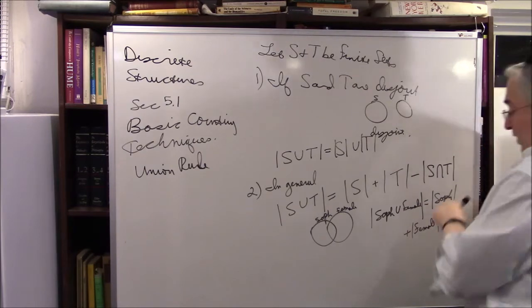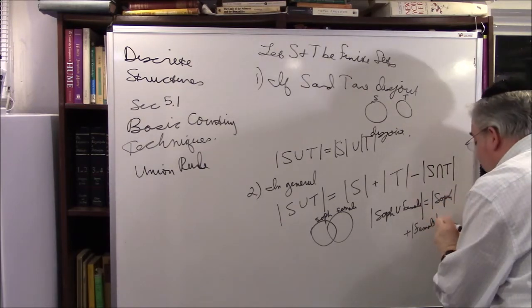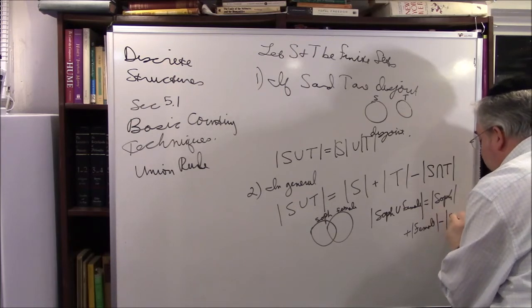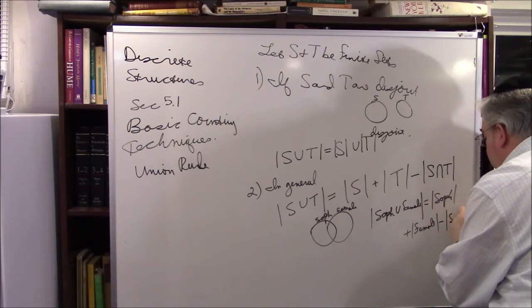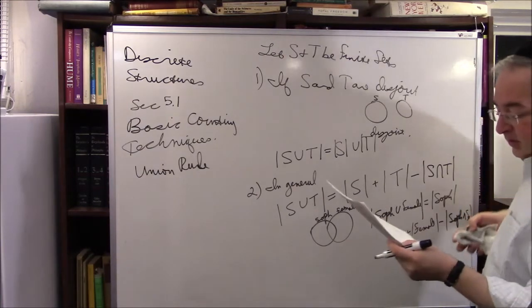Well, 1 second. There are some female sophomores who I counted here and here, so you better take them out. So that's the number of sophomores intersect females, minus that. Okay, so that's pretty good.